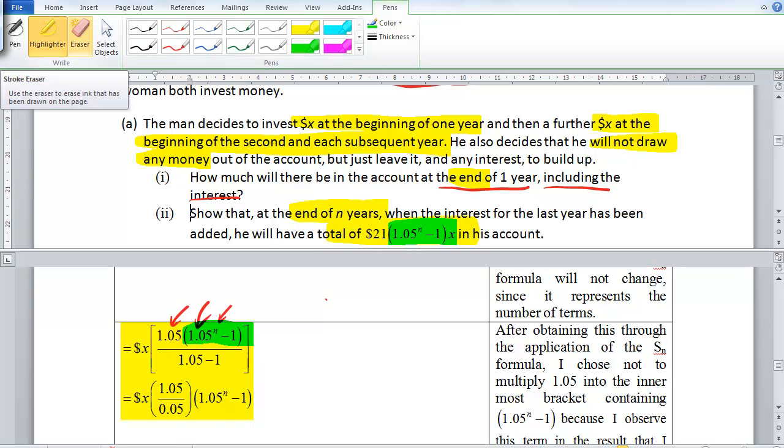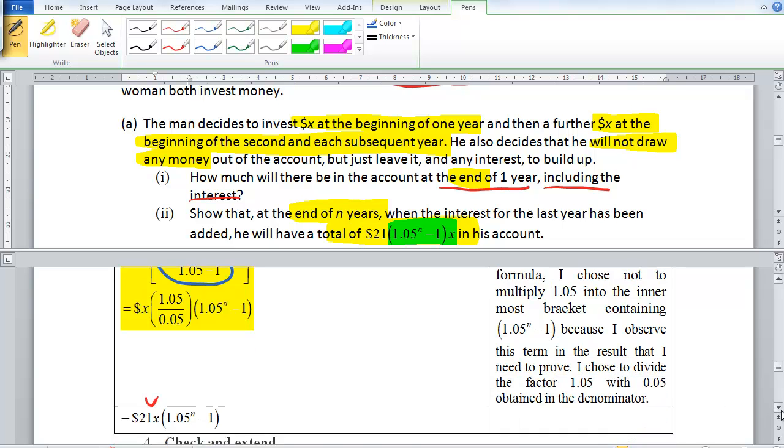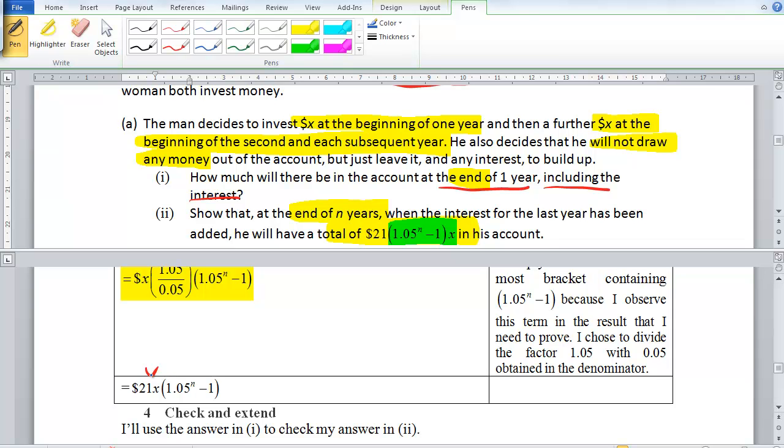So that's why in my solution, I will keep this factor, and I will choose to group 1.05 in the numerator with the denominator. So when I simplify this, I have 1.05 divided by 0.05 here as stated in the solution, and that gives me the 21 that is required here.